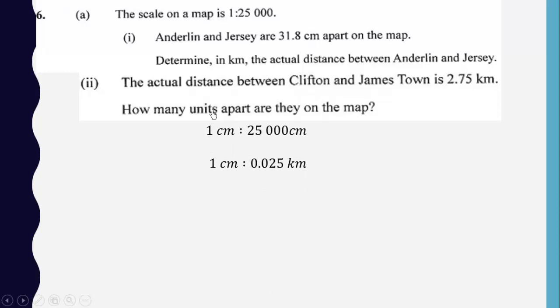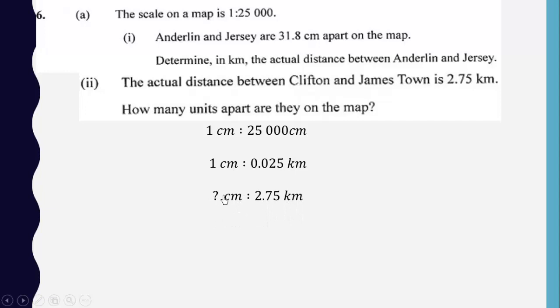Now the next question is, the actual distance between Clifton and Jamestown is 2.75 kilometers. How many units apart are they on the map? So we know that this is the map distance and this is the actual distance.